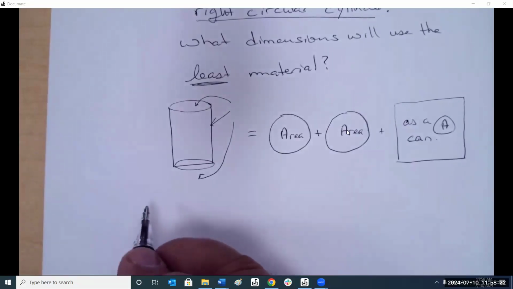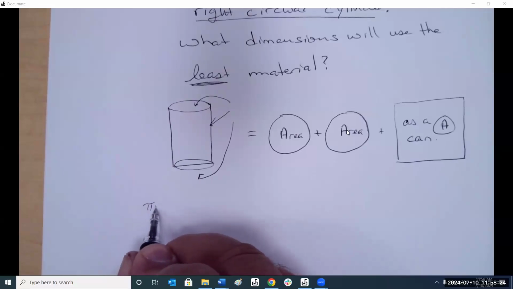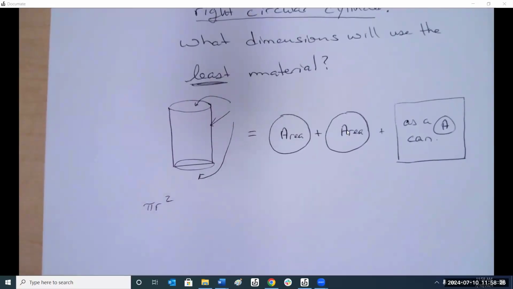Let's look at the formulas we know already. We know pi r squared. What does that represent? Is that the area or is that the circumference? It's area.